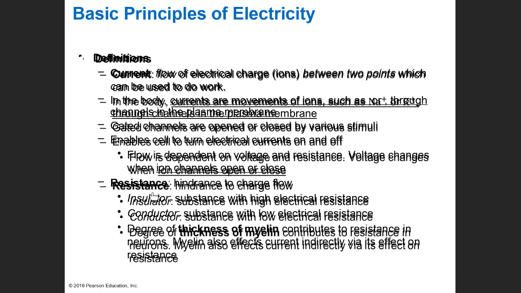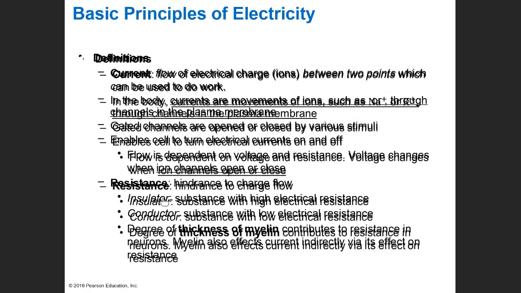Some variables that are going to dictate resistance include whether or not there is an insulator present. If you have studied electricity or know anything about how it runs through cables and wires, this really is related to that.